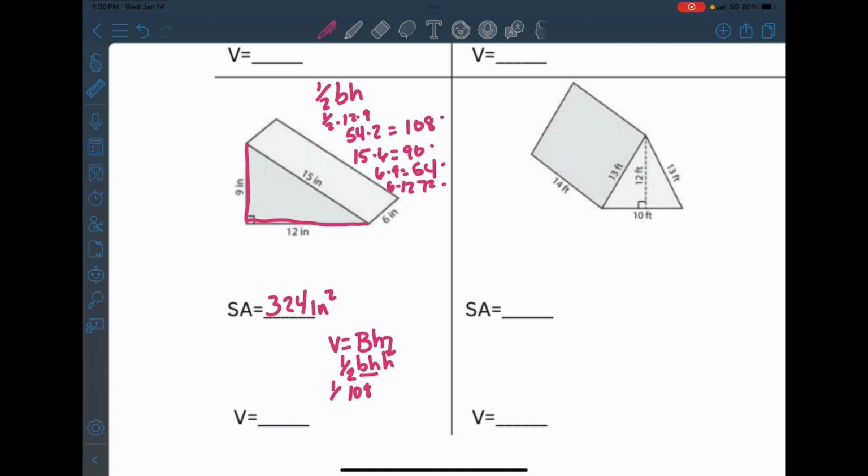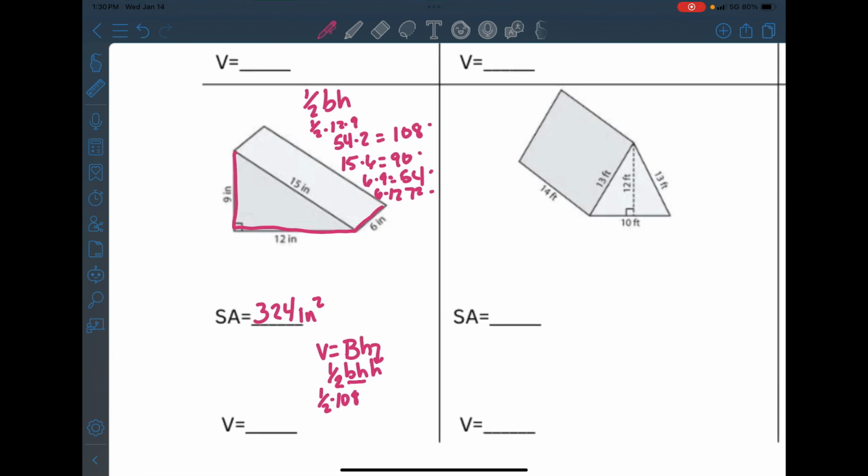Don't forget your 1/2 right there. And the height of the whole thing is 6. We needed 15 right here. That's the only time we use that 15. So 6 is the height of the prism.